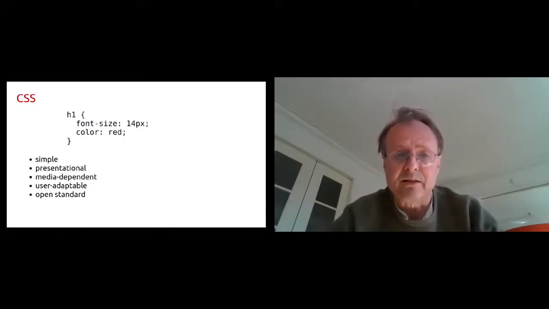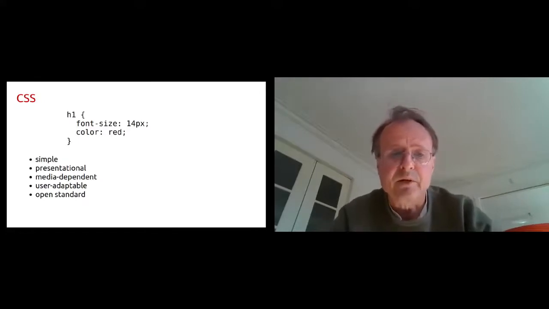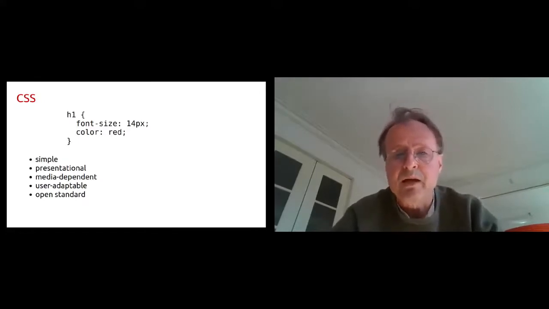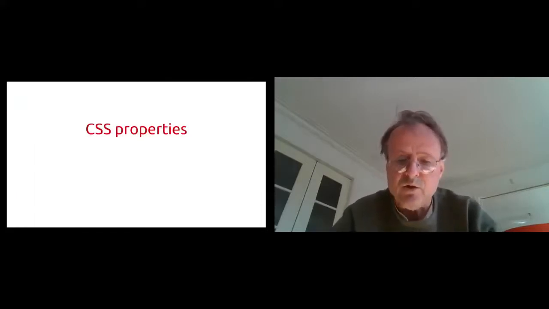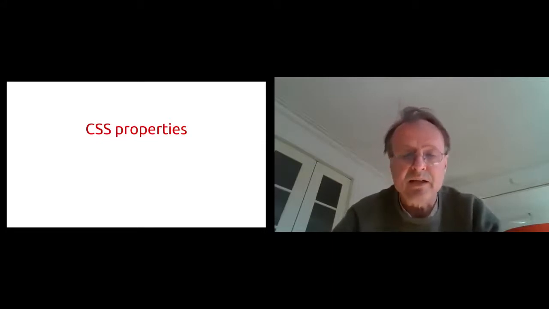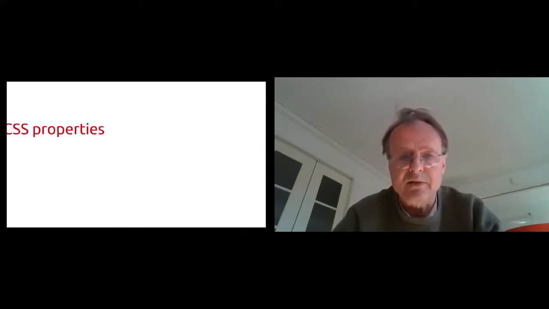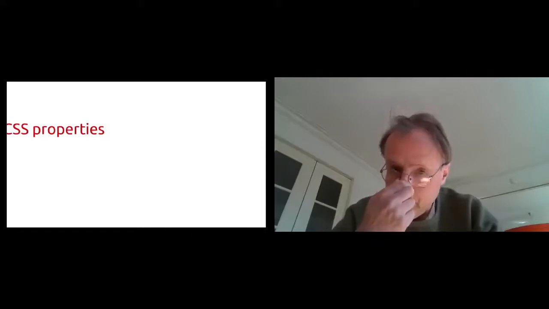CSS is only about presentation. And I think we need both. We need to be able to make compelling pages. We need to have pages that look good, and we need to have pages that have semantics in them. So therefore, HTML and CSS work well together.